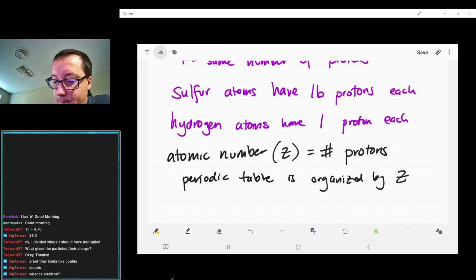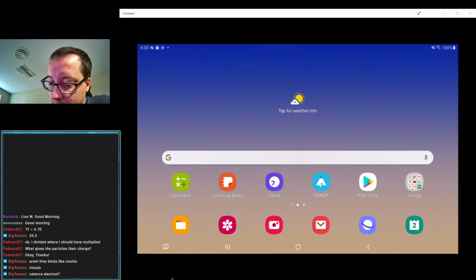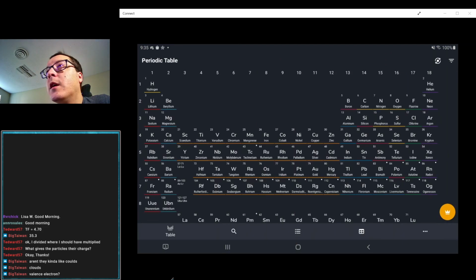So let me just flip over to, I'm pretty sure I have a periodic table on this thing. Aha! So I do. If you notice here, this is what the periodic table looks like. We'll be dealing with this more probably in chapter 5, but it's going to be your best friend throughout the semester. Notice that in the top left corner of all of these elements, we have a number.